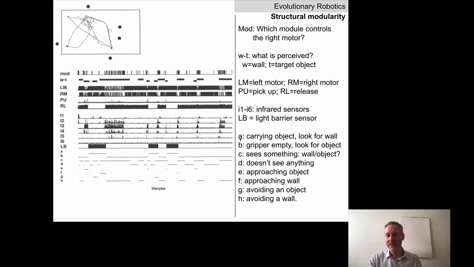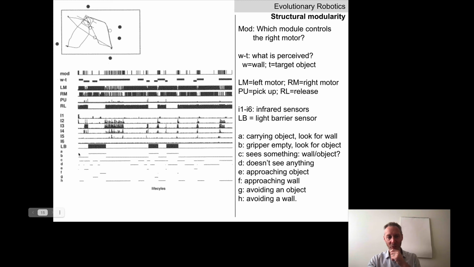The investigators made this easier for us by drawing these rows down here, which correspond to different situations. So if we look at row A, this is carving the task up into carrying an object and looking for an object. Here's the robot looking for an object, carrying an object, looking, carrying, looking, carrying, looking.